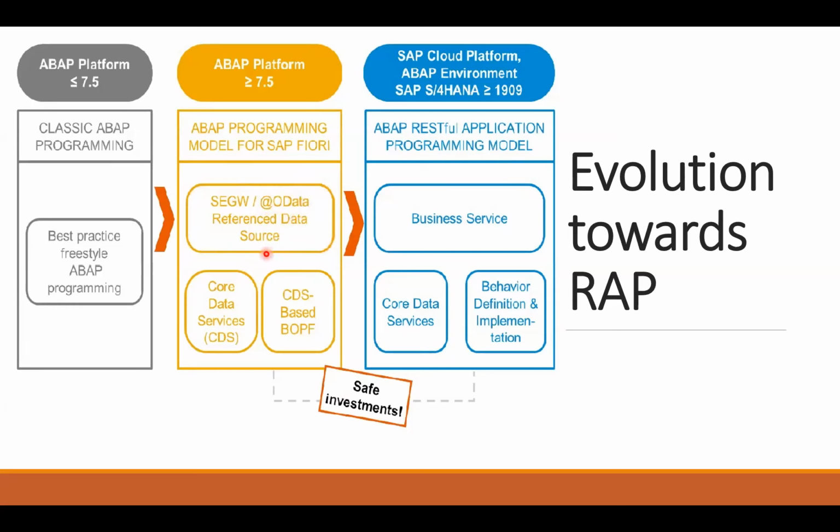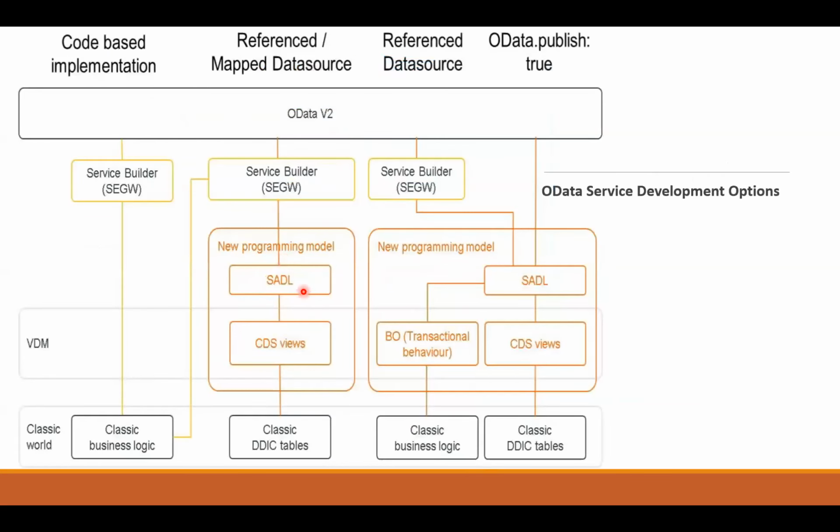It's a very simple way of developing or publishing an OData service using a simple annotation. SAP has its background code generators or dynamic SADL generators. In this slide, you might have seen this SADL in a couple of places. What is this SADL? It is the conversion or runtime generation. We call this service adaptation definition language.